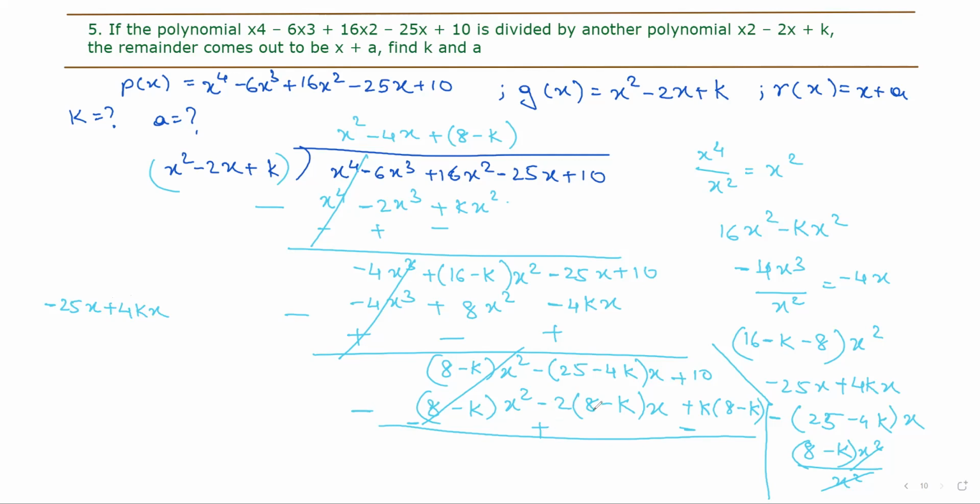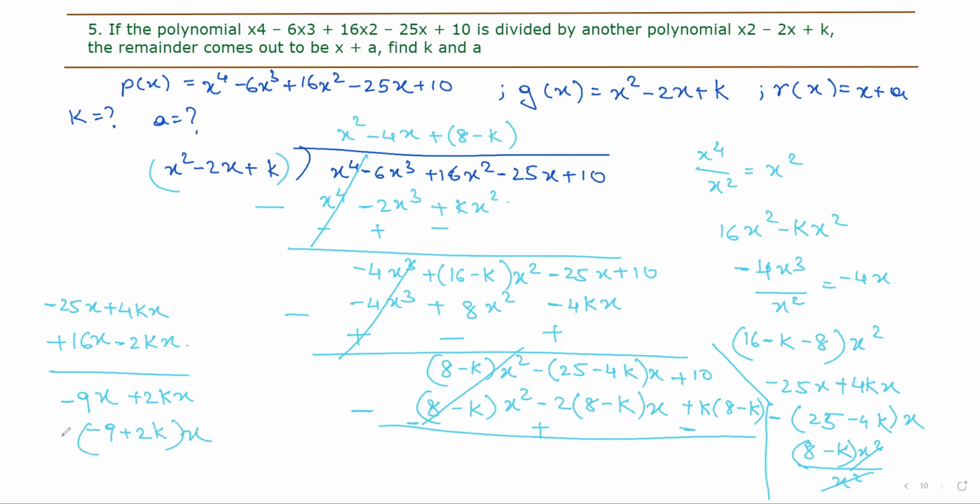So plus 2 into 8 into x is plus 16x, plus minus 2kx. You'll get minus 25x plus 16x. This is 9x and the sign is minus. Plus 4kx minus 2kx is equal to plus 2kx. Taking x common, you get minus 9 plus 2k into x.